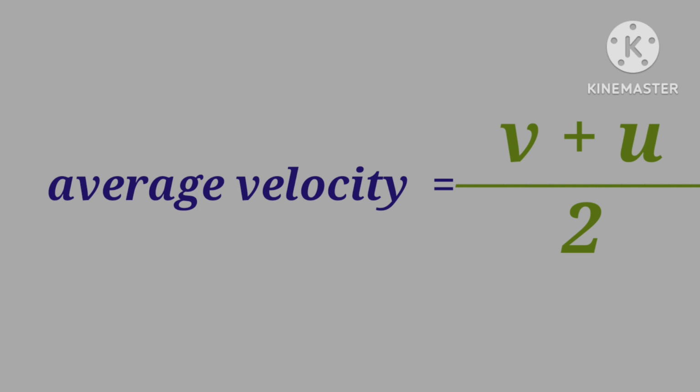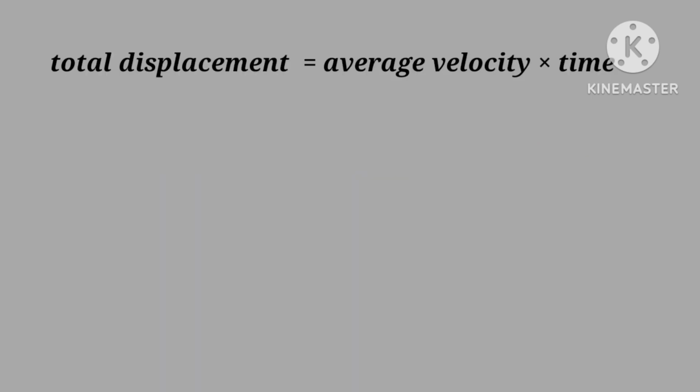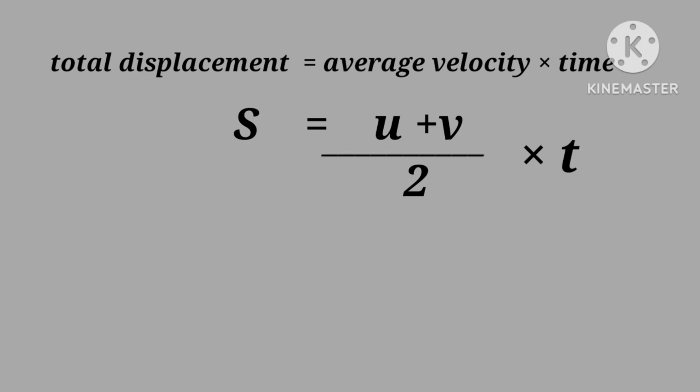And the formula for total displacement is average velocity multiplied by time. Here s is the total displacement. Therefore, by putting the value of average velocity in the equation of total displacement, we have s is equal to v plus u divided by 2, multiplied by t.